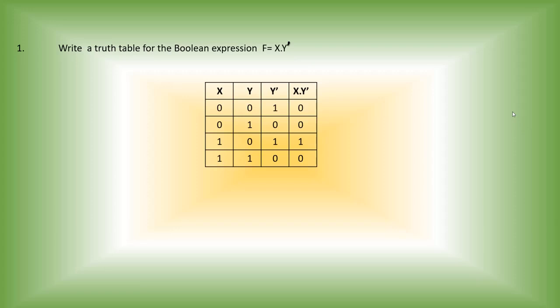In the given expression f equal to, f is not considered as a variable, that is an expression. Expression is always written in the form of a variable. That is why that f is there, so you don't need to consider it. The expression part is only x and y complement. So only 2 variables are there. What are they? x and y.